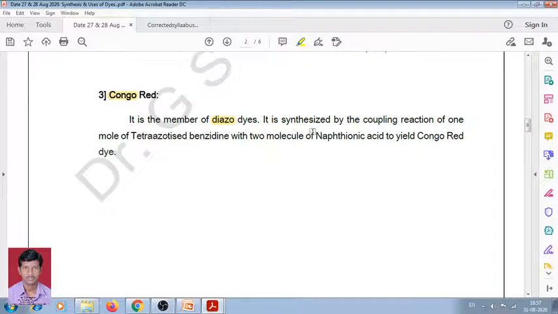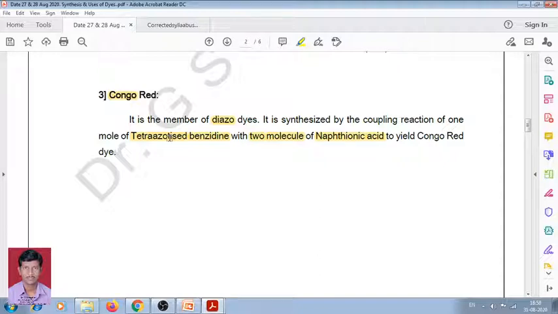It is synthesized by the coupling reaction of 1 mole of tetraazotized benzene with 2 molecules of naphthionic acid. What is the difference? Here tetraazotized means there are how many azotized? Tetra means 4. 4 nitrogens are there.